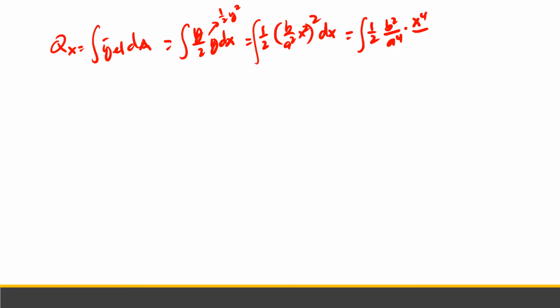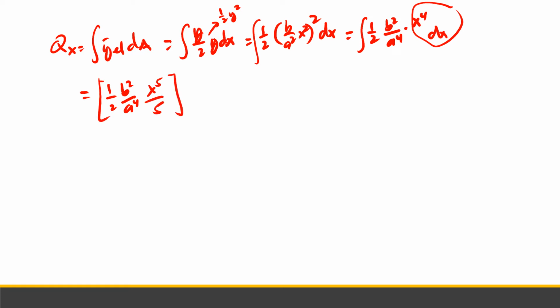Okay, dx. So yung integral niya is from 0 to a, integral 1/2 b squared over a to the 4. So integral of x to the 4th is x to the 5 over 5.